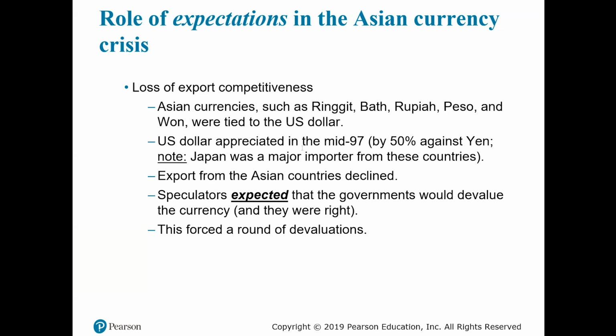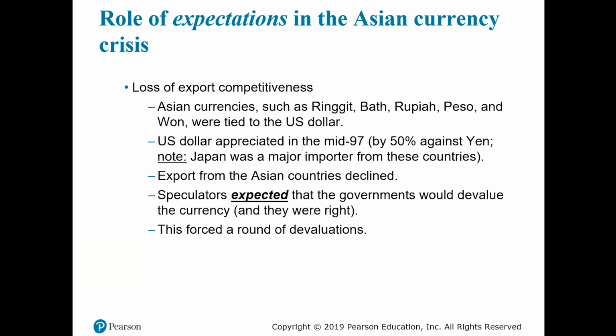So what happened around mid 1997, US dollar appreciated by 50% against the Japanese yen. Now, Japan was the major importer from these Asian countries.